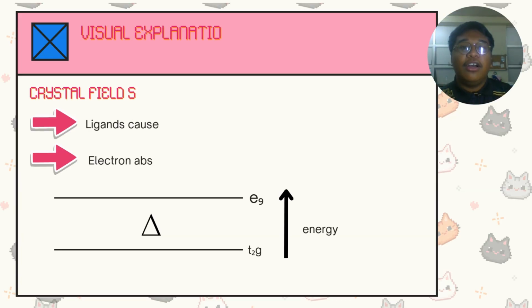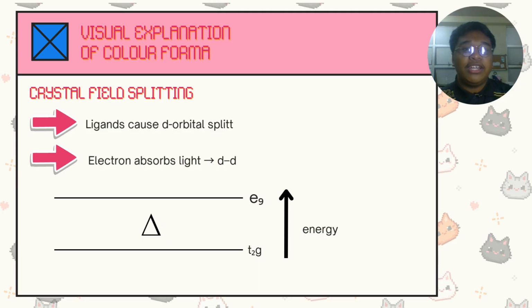Without ligands, all 5d orbitals have equal energy. However, when ligands surround the metal ion in an octahedral arrangement, the d orbitals split into two groups. The t2g orbitals are lower in energy, while the eg orbitals are higher in energy. The energy difference between these two levels is called delta.